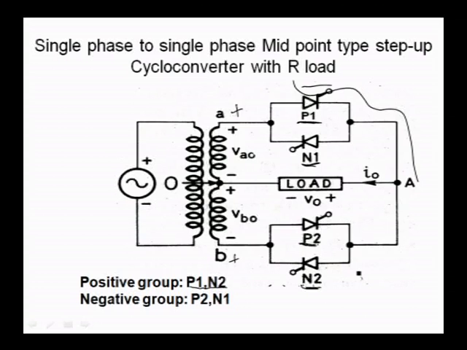Then the negative group P2 and N1. So, this is how we are getting higher frequency than the source frequency. Here again 2 groups, P1 N2 and P2 N1. The output frequency here will be higher than the source frequency, and thyristors are force commutated.